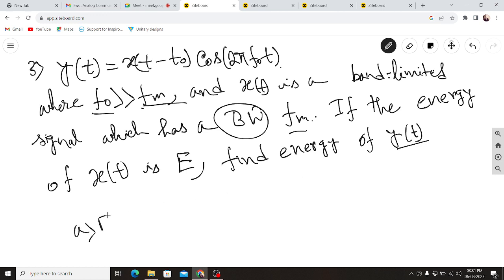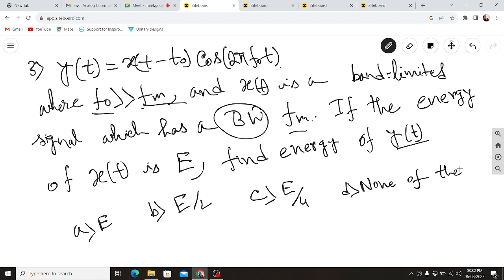The first option is E, the second option is E by 2, the third option is E by 4, and the last option is none of them.